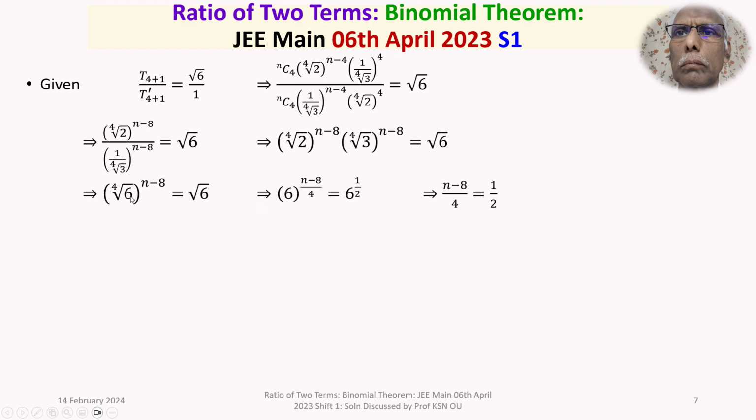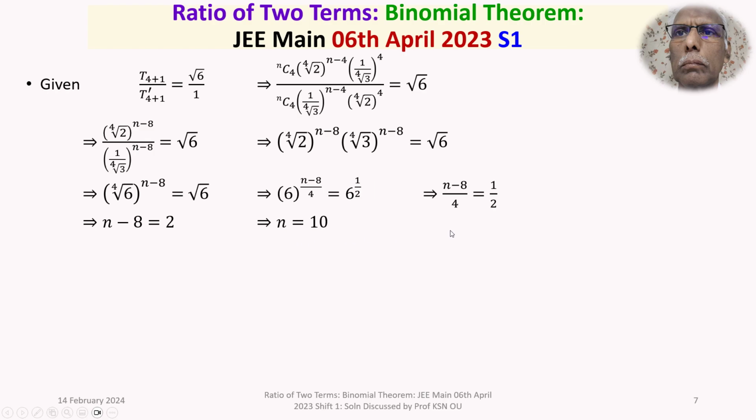That is equal to 6 to the power of n minus 8 by 4 is equal to square root of 6, which is 6 to the power of 1 by 2. The bases are equal, therefore the powers are equal. So n minus 8 by 4 is equal to 1 by 2. That implies n minus 8 is equal to 2, cross multiply, right? So n is equal to 10.